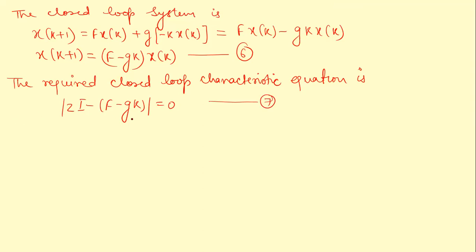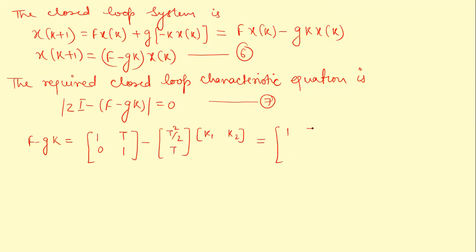Now how will we form it? We need to have the F minus GK matrix. The F minus GK matrix can be obtained by putting F as [1 T; 0 1], G as [T squared by 2; T], and K as [K1 K2]. So we can simplify this one.